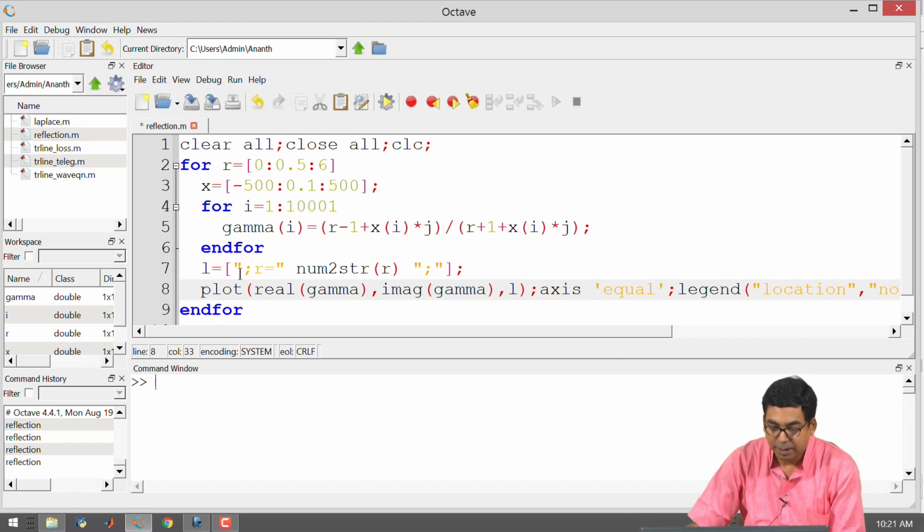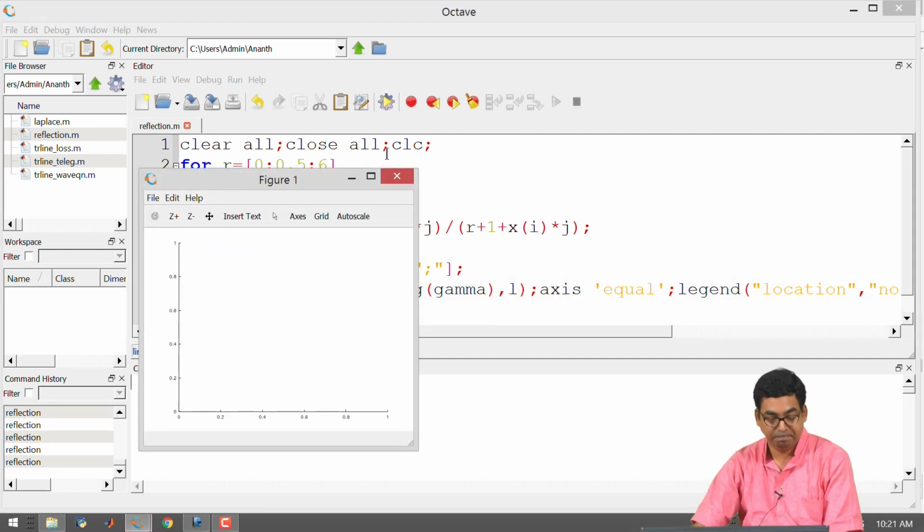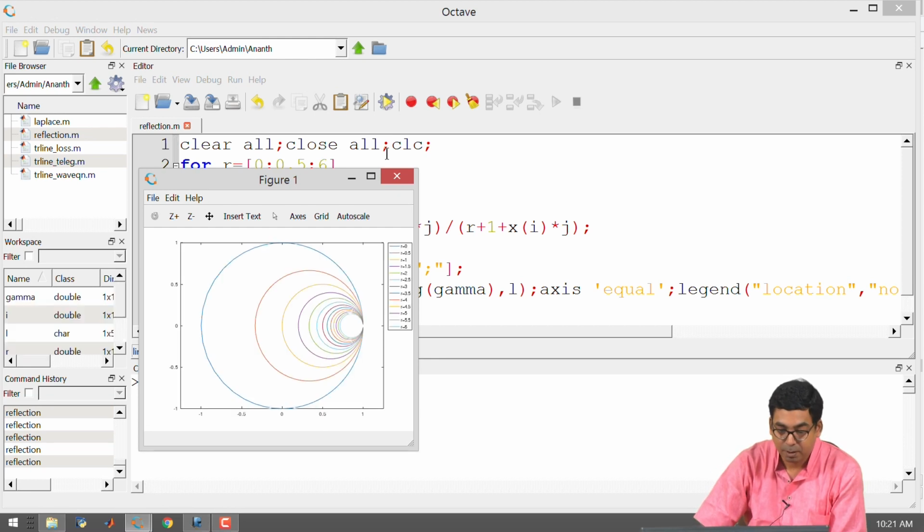Okay. I need a legend string. This is Octave syntax for legend string. I just want to have r equal to for each and every time it draws, right, and everything else can be understood later. Okay.